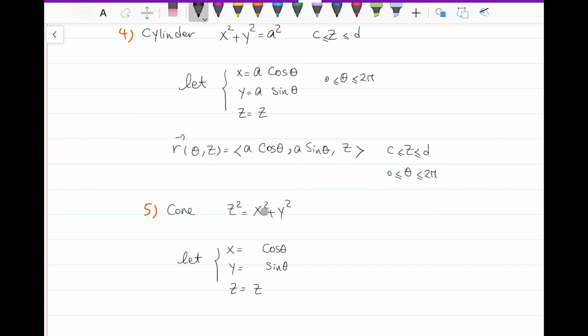And now, since x squared plus y squared is equal to z squared, z acts like the radius, so I have z in here as the radius.